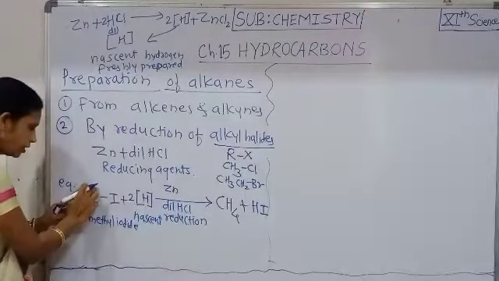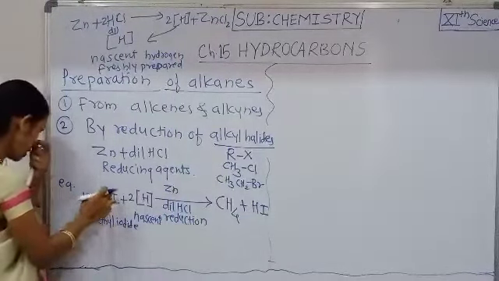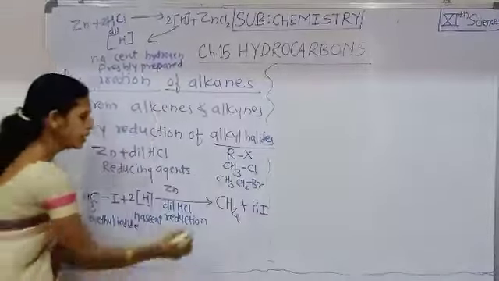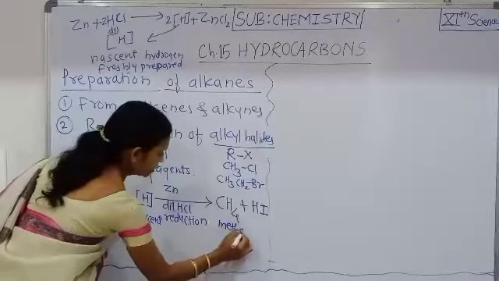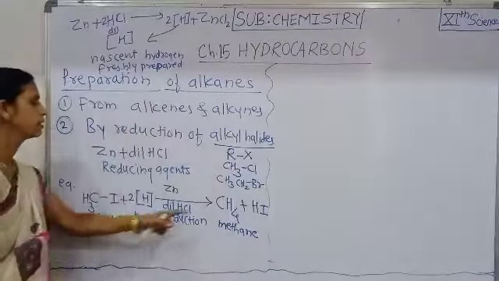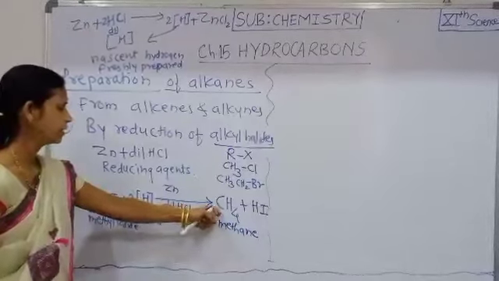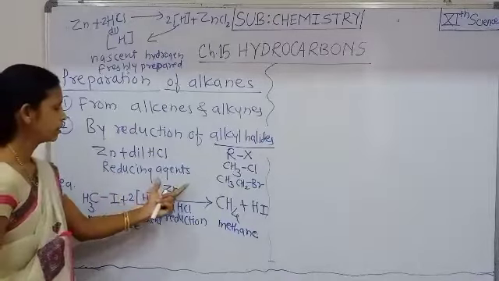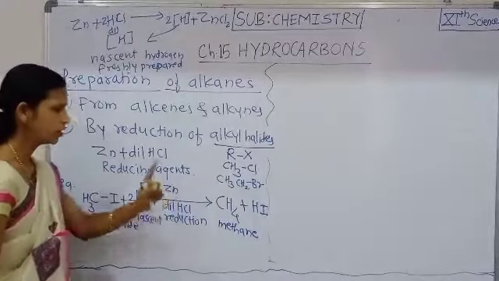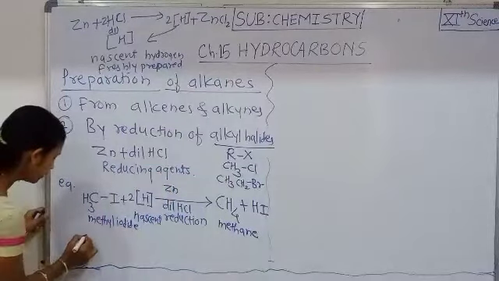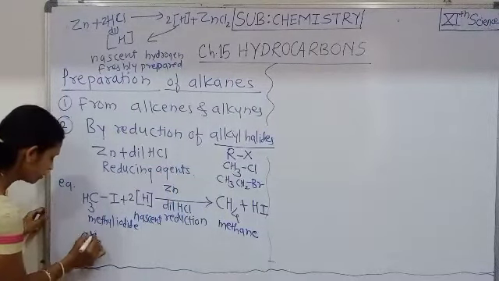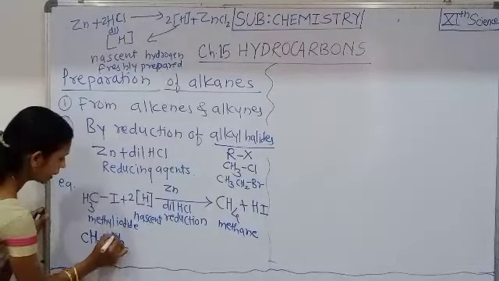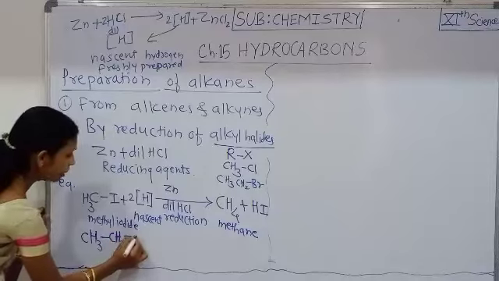One H is added to the carbon to give CH4, and it replaces I to give HI. So methane, one of the simplest alkanes, is prepared from methyl iodide by reduction using zinc and dilute HCl as the reducing agent. Similarly, we can prepare a few more higher alkanes by using higher alkyl halides.